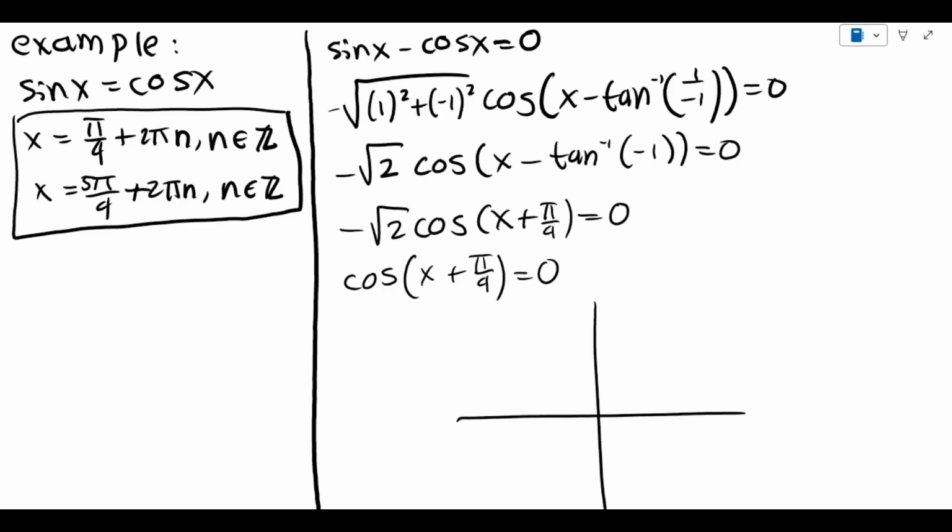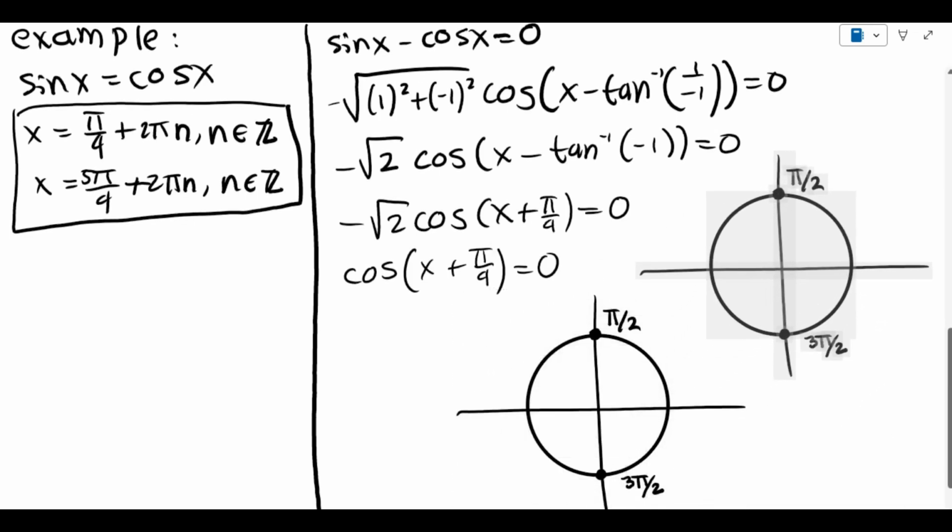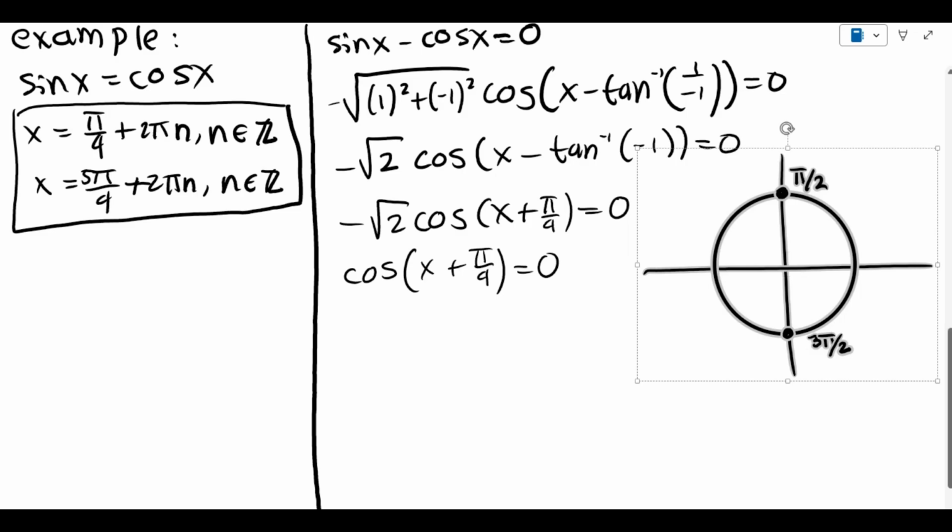Look at the equation. Cosine is 0 here and also here. It's actually at pi over 2 and also 3 pi over 2. So let's put this into action.